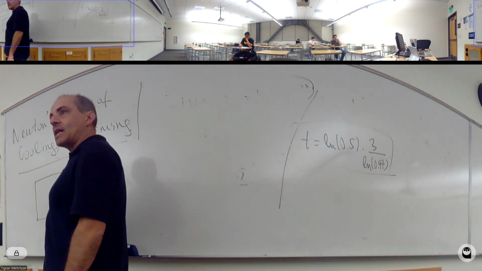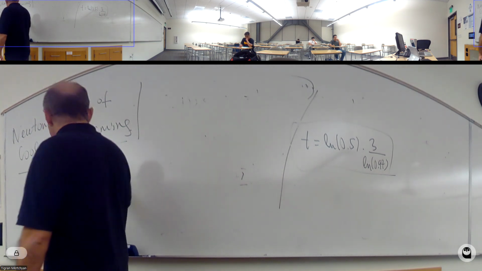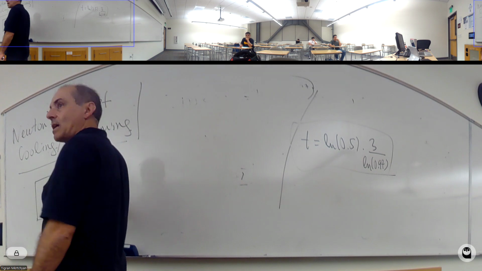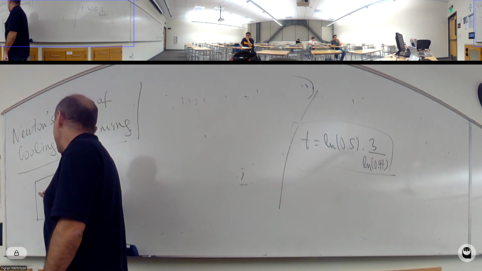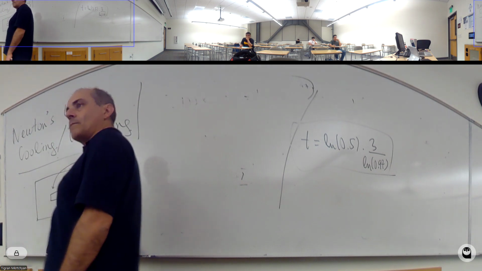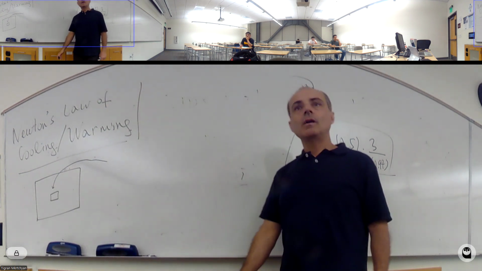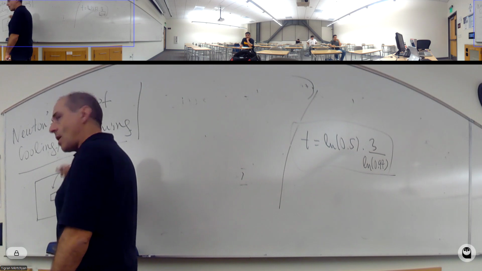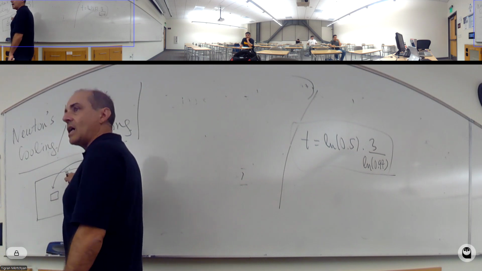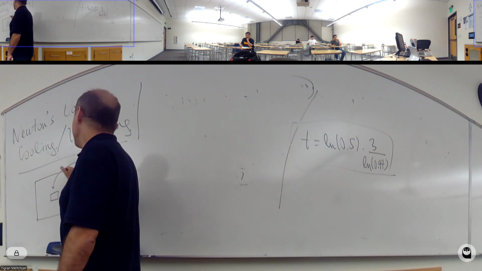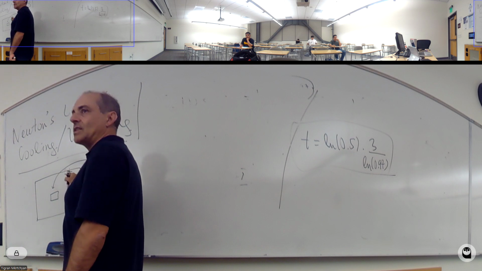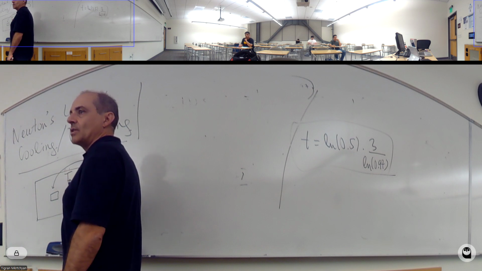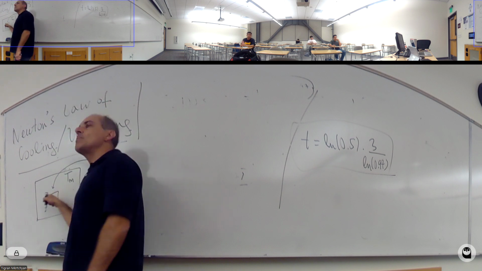And then we bring from outside something, some object, and we place that object in here. So the temperature of this box, I'm gonna call Tm. That's the temperature of this environment, of this box, of this room. And then we put some object in here.